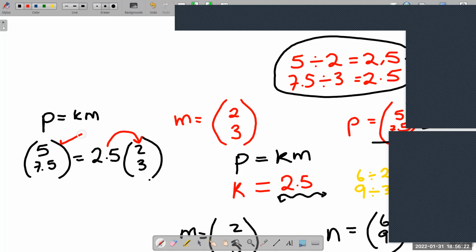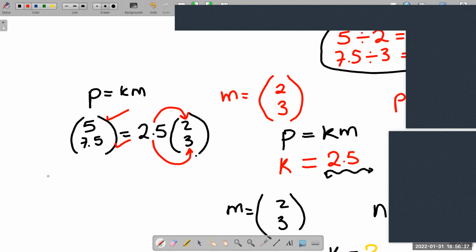Yep. When I multiply 2.5 by 3, did I get 7.5? Yes. So guess what? Once you can prove this, you would put what? Therefore, the points, whatever points they ask you for, are what? Collinear. That's it.